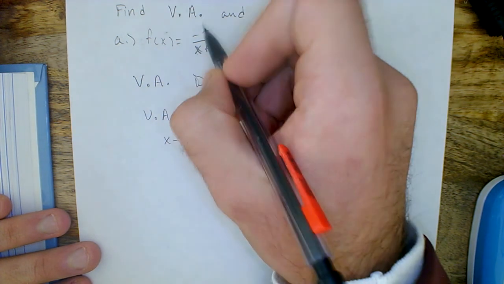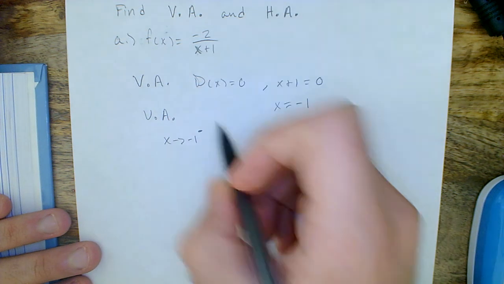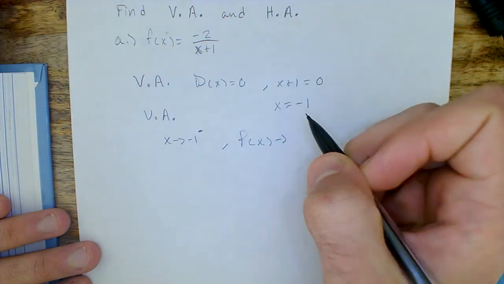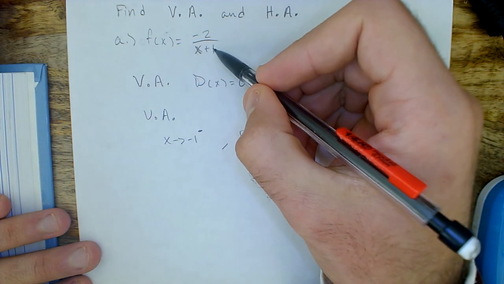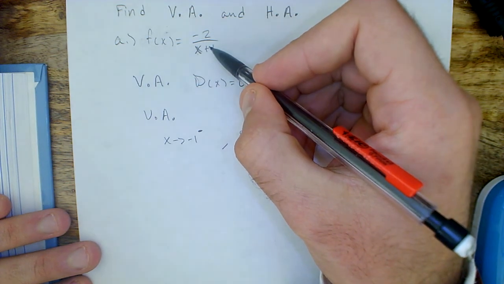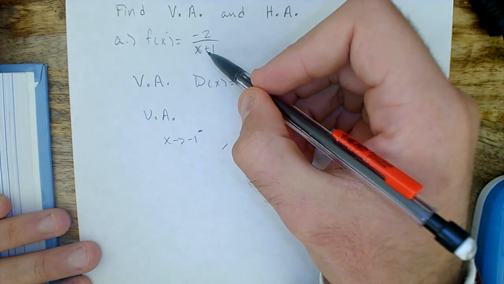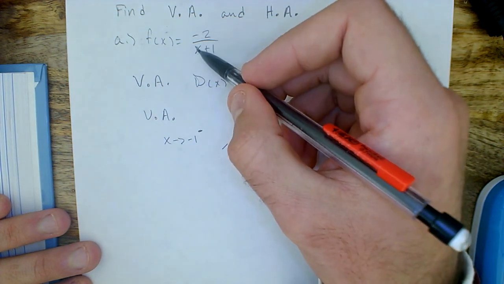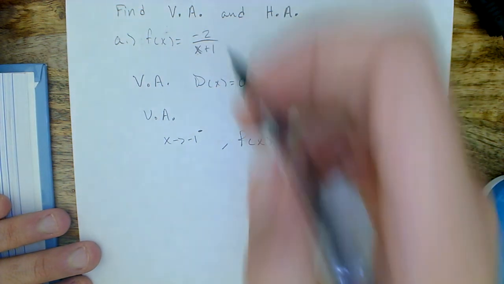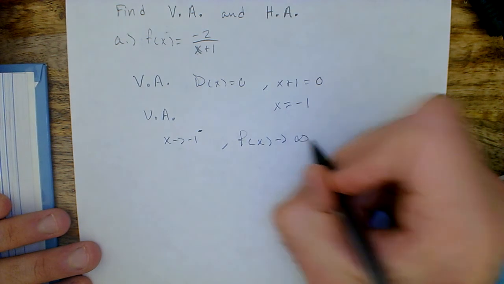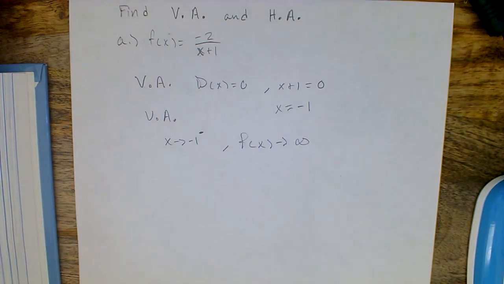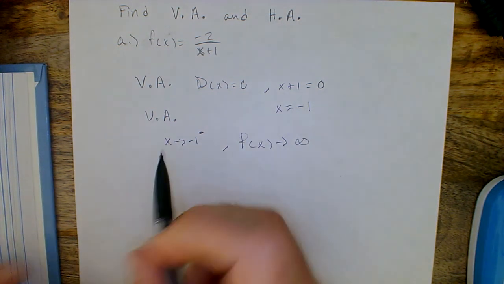So this on the bottom is going to be a negative number, and this is also a negative number up here. This sum here is going to get closer and closer to 0, but it's going to be negative. So negative divided by negative is positive, but the number itself is going to become very large. So as x approaches negative 1 from the left, the function goes to positive infinity.